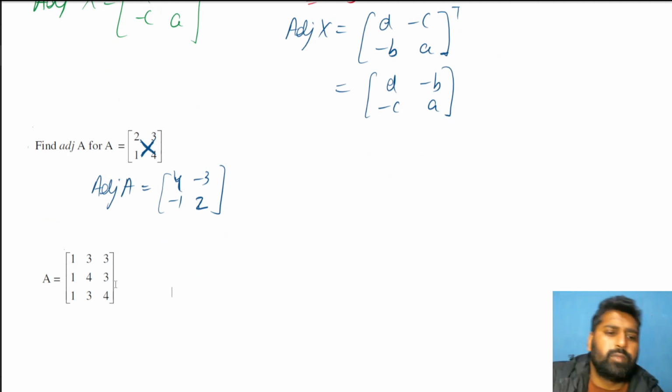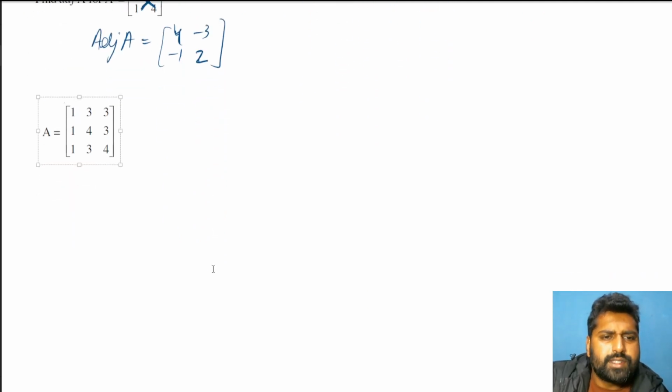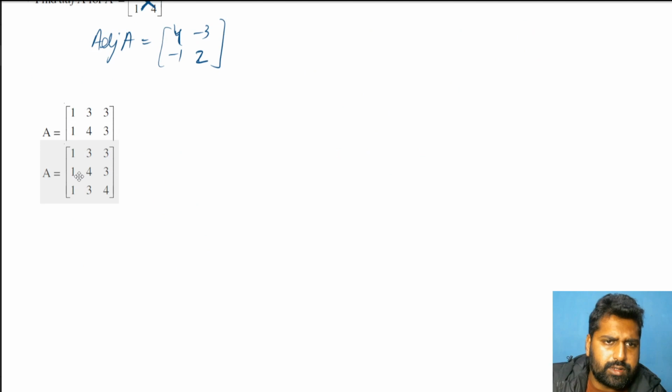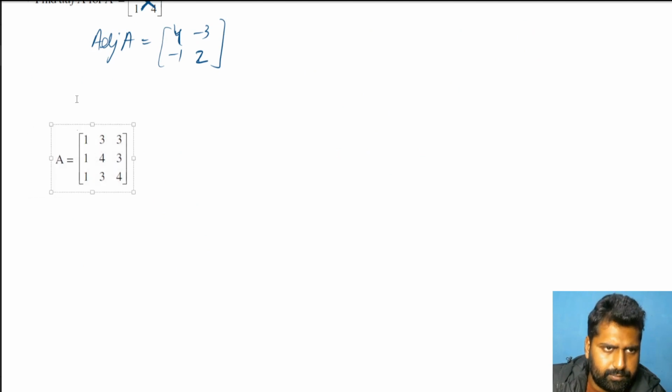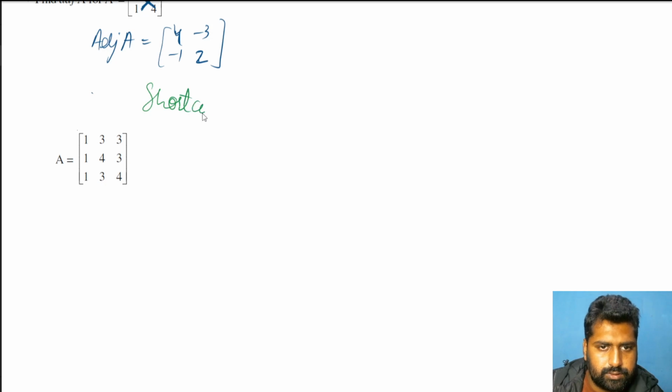So this is your matrix. Now for 3 cross 3, I'll teach you. Of course, you can go and literally calculate every single cofactor, then arrange them, then calculate the transpose, or learn this short way. So shortcut for 3 cross 3 adjoint.